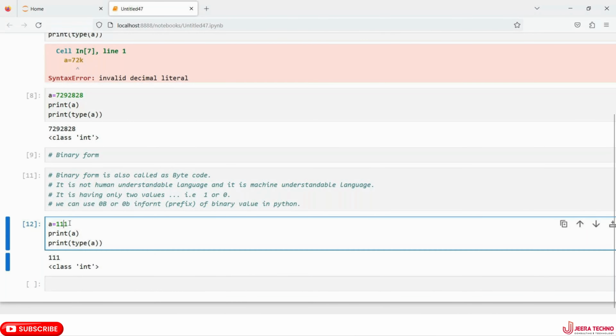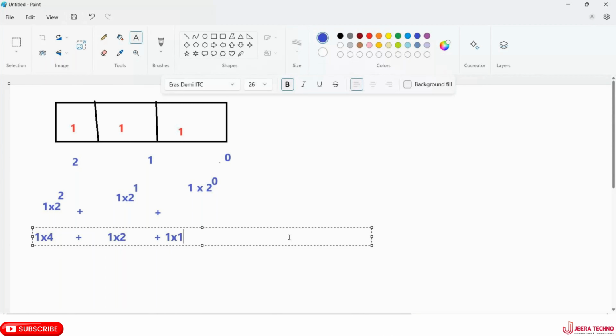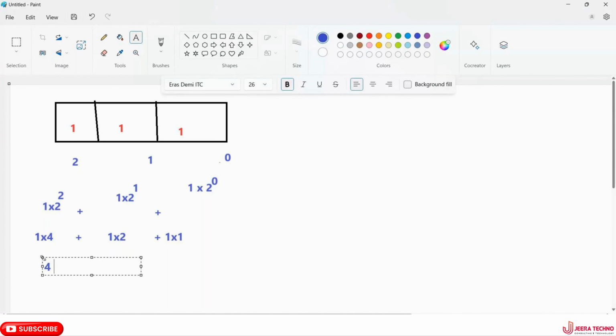What is 2 power 0, guys? Something power 0 is 1. So 4 plus 2 plus 1, what is the total value? That is 7, right?